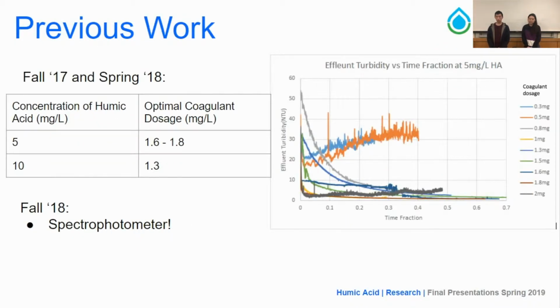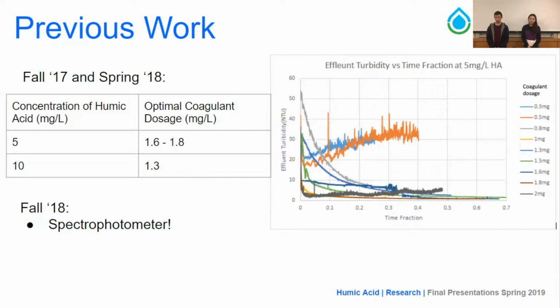Previously, the humic acid subteam was established in fall 2017, and mainly in the fall 2017 and spring 2018 semesters, the subteam did a lot of research into the optimal coagulant dosage that we can add into a water stream with humic acid that will essentially filter out a lot of the humic acid in the water.